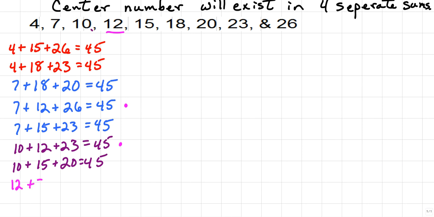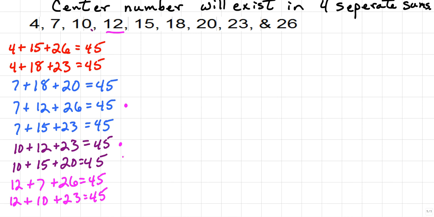I'll have 12 plus 7 plus 26 is equal to 45. And then I'll have 12 plus 10 plus 23 is equal to 45. And there's a reason I'm going to write all of these out, and I'll show you that in a moment once we have all the possibilities.